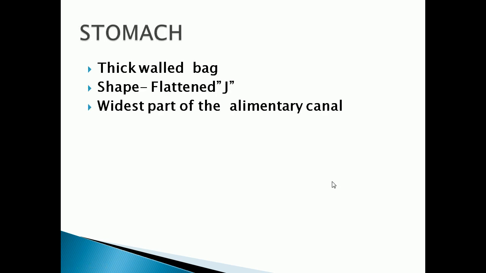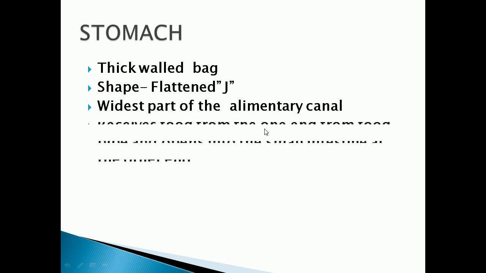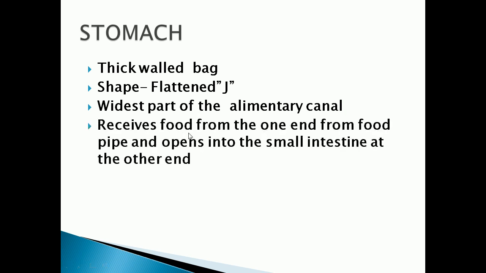It is the widest part of the alimentary canal, meaning the largest part of it. It receives food from the food pipe, and then passes the food into the small intestine. This is the function of the stomach.